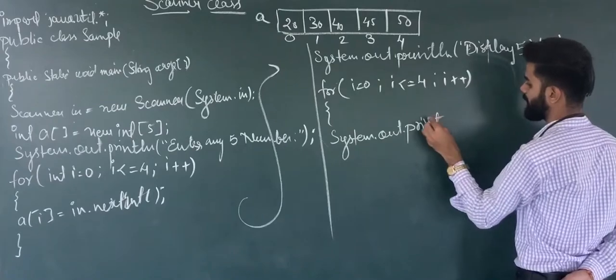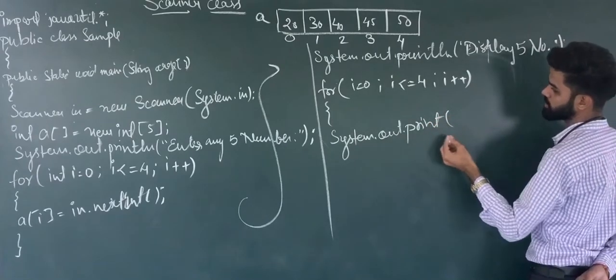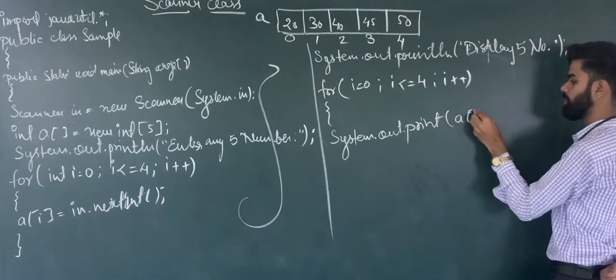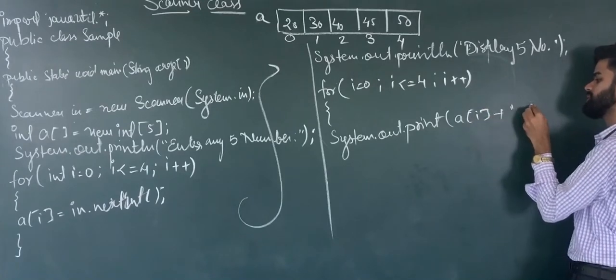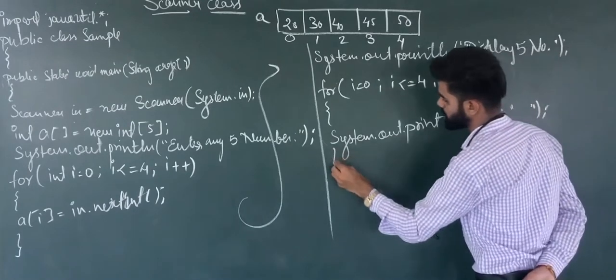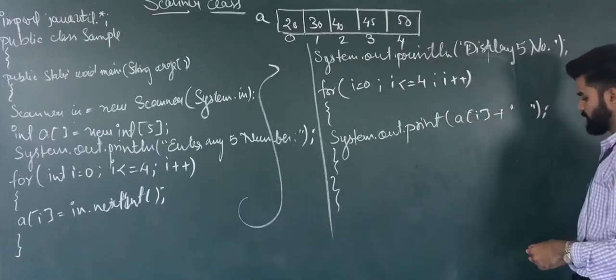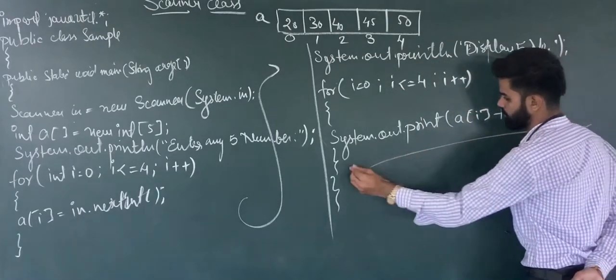We are not writing ln here. So what we are writing is System.out.print(a[i] + " "), and this will be all. So see class how our output is formed.